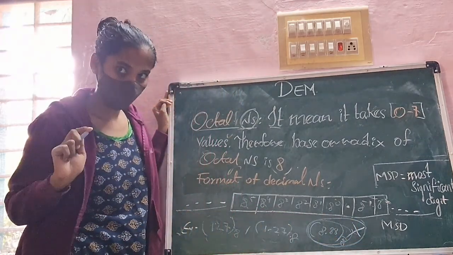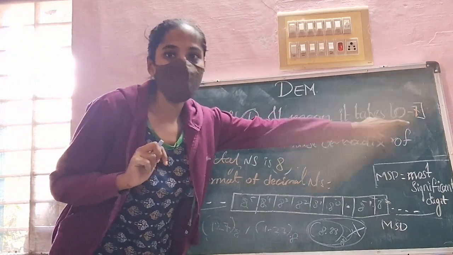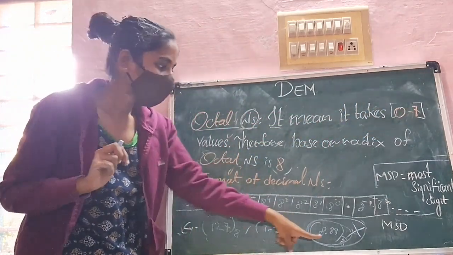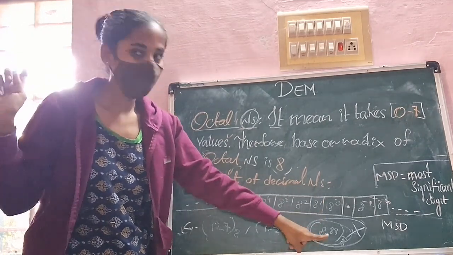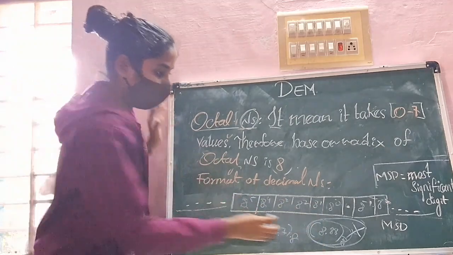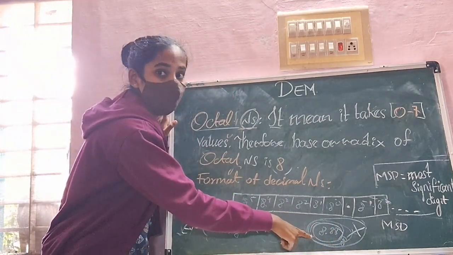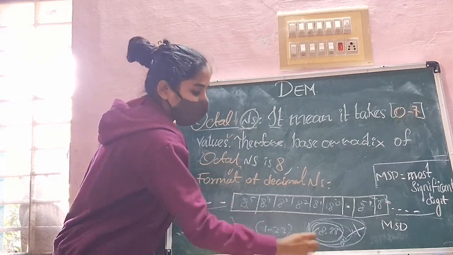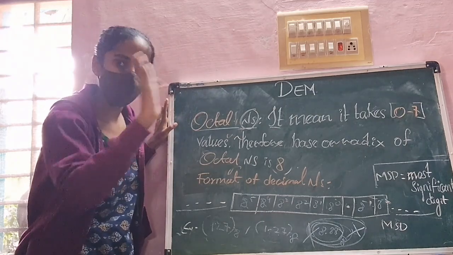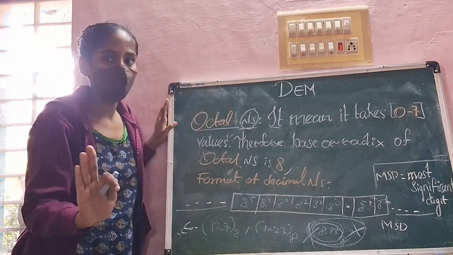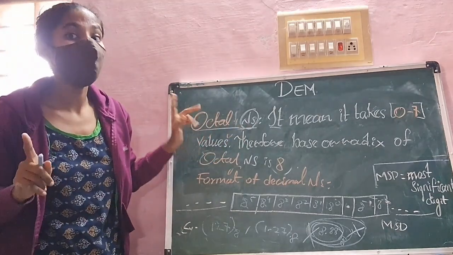It is wrong, because we have taken 0 to 7 values itself, not the base 8 value. You should not write values more than 7. It is considered wrong. You can write values less than or equal to 7, not more than 7. This is the important point in octal.